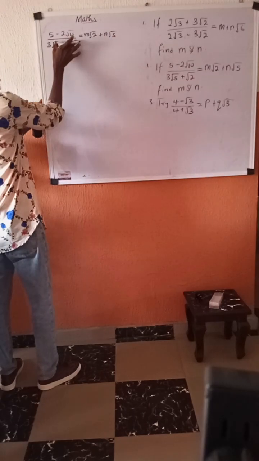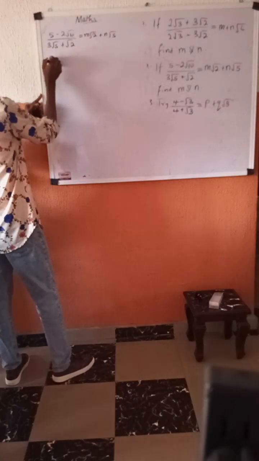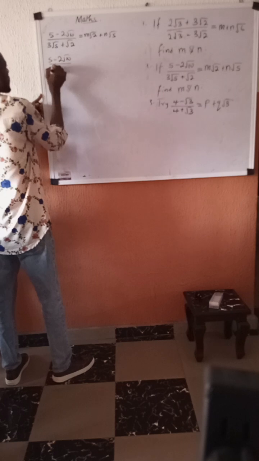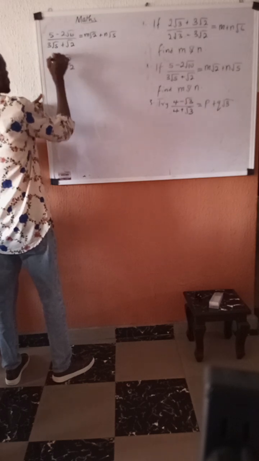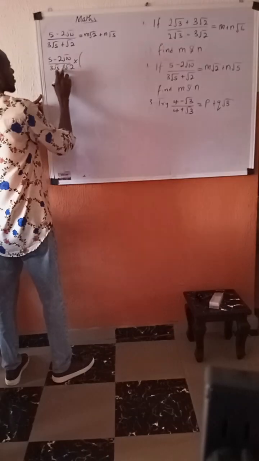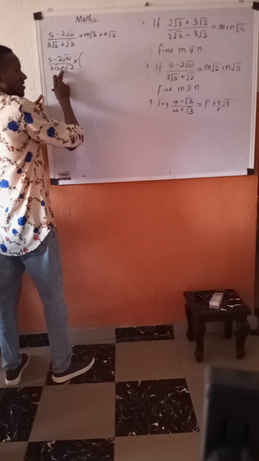By rationalizing with conjugates at the left-hand side, what I have becomes 5 minus 2 root 10 all over 3 root 5 plus root 2, multiplied by opening brackets. Change the sign from positive to negative, and by so doing, you have done the conjugation.